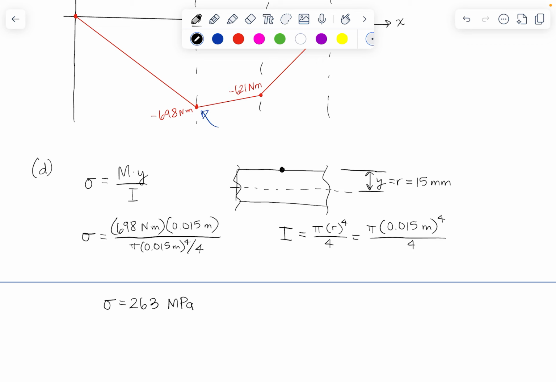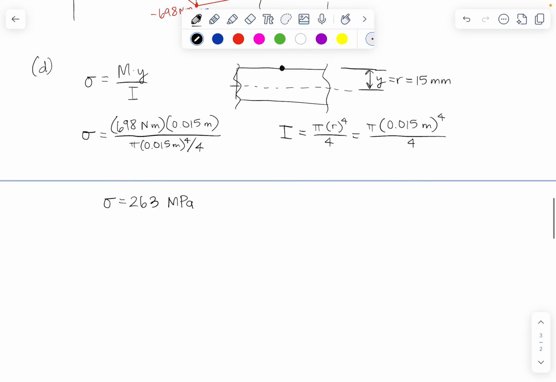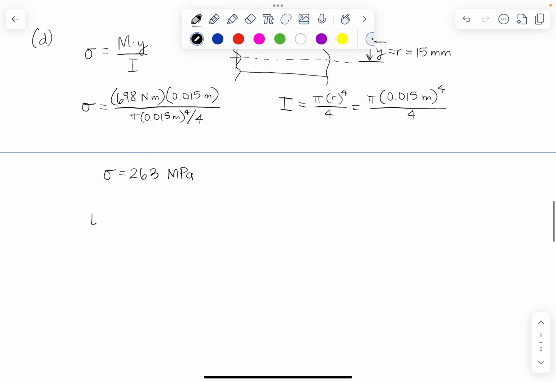Now we also need our torsional shear stress, and our formula for that is tau equal to T for torsion times our radius divided by J. Now J is similar to I. It's the polar moment of inertia, and again you can look that up in a table.